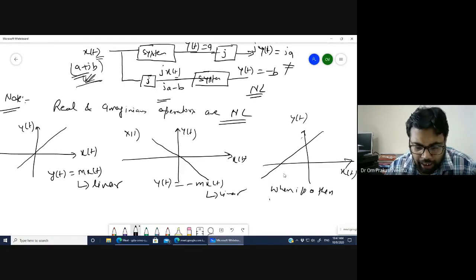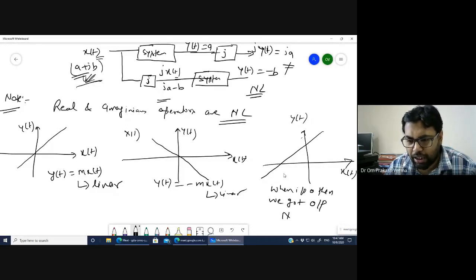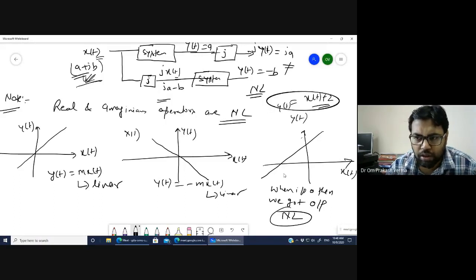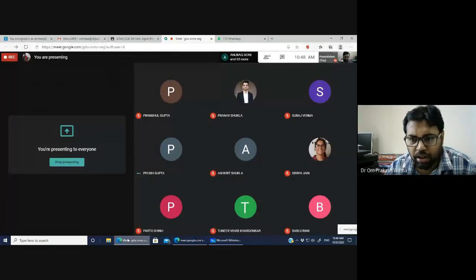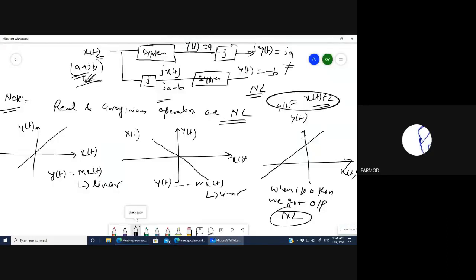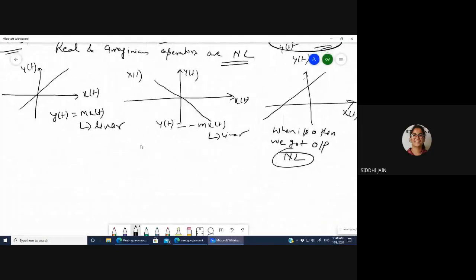No. Then we got output something. So this is a non-linear case, right? Now you understand now? This is like xt plus 2. Yes or no? Tell me. Yes, sir. Okay.